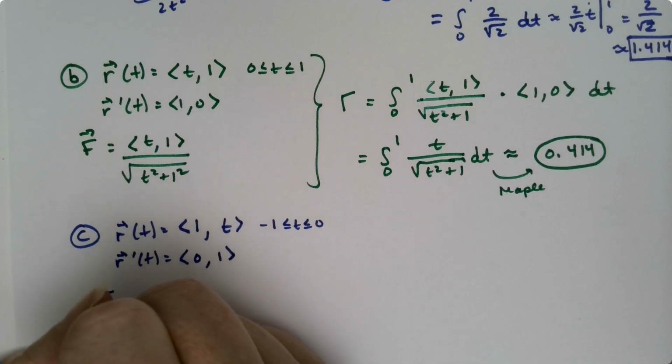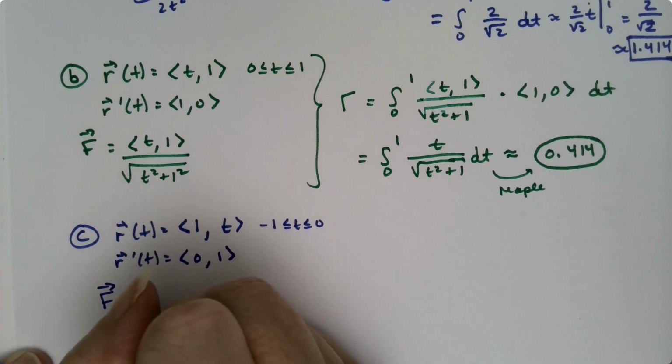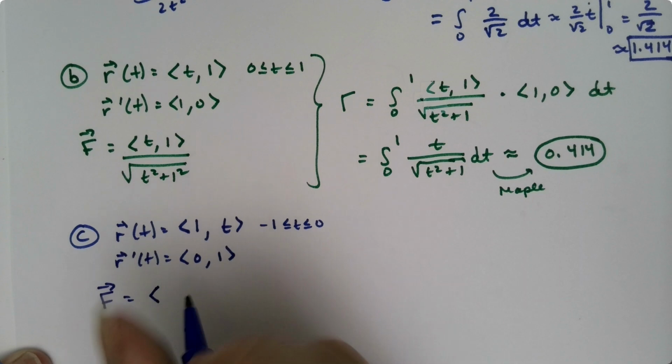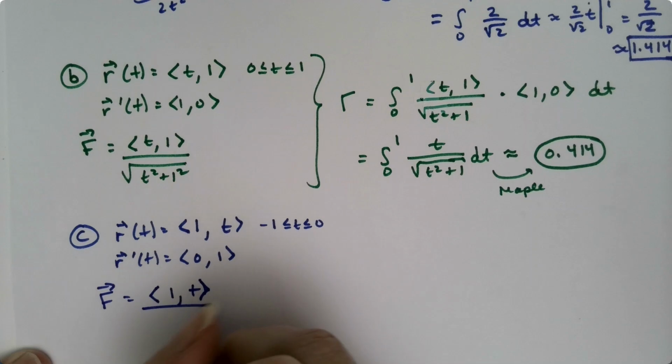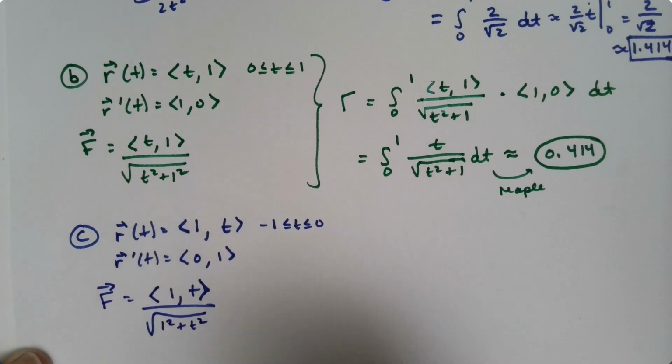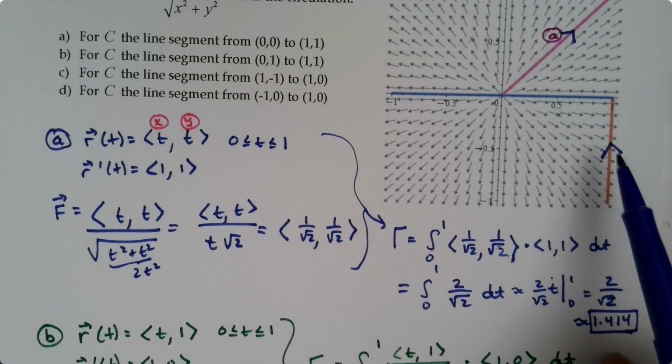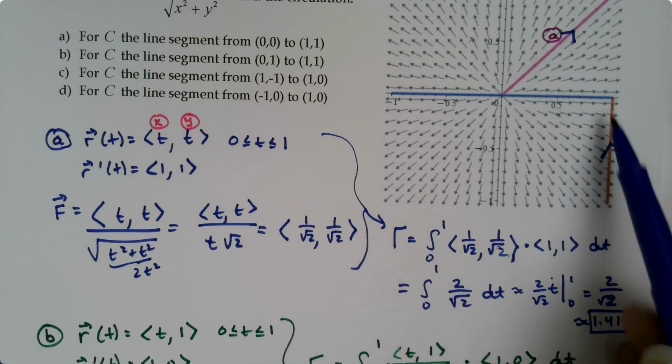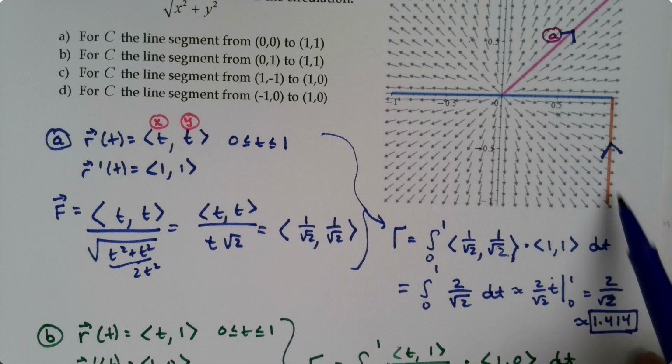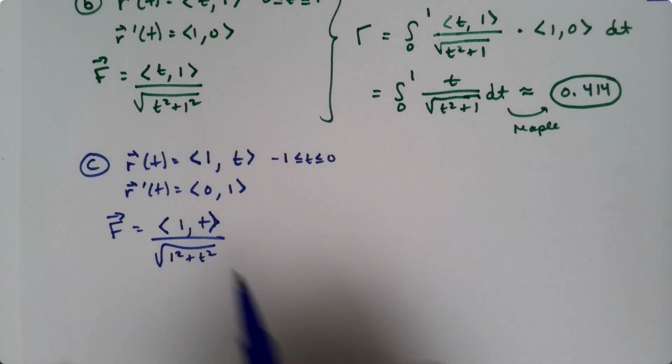And then our vector field is (x, y) over the square root of x squared plus y squared, so that's (1, t) over the square root of 1 squared plus t squared. Again, you couldn't do the normal thing of letting x be t here because this is a vertical line. So this has a fixed x value of 1. So it's 1 no matter what for the x, and so you let the t be your y. That's a different one than we usually are used to seeing.